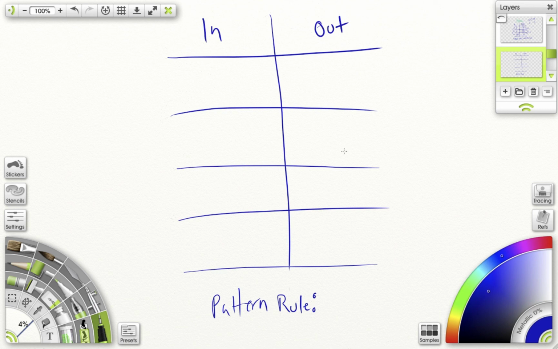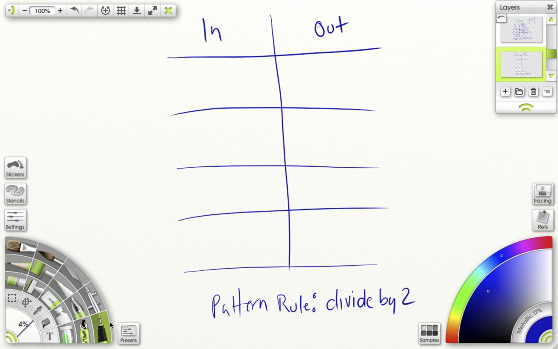All right, so let's do one where the pattern rule is to divide by 2. So every number that we get in the input, we have to divide by 2. So let's start with a bigger number. Let's start with something different.